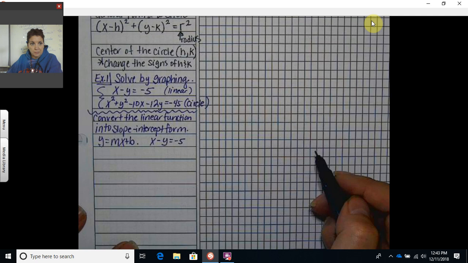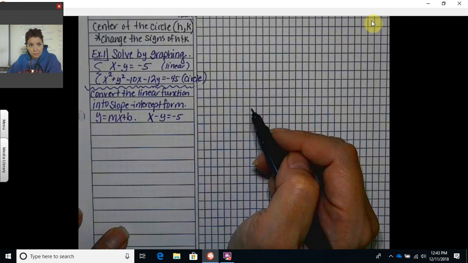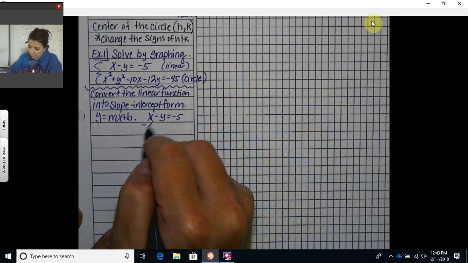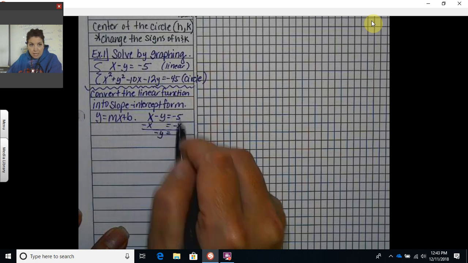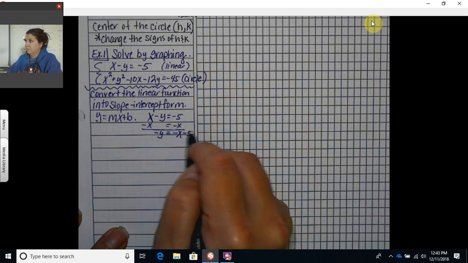What should I do first? Subtract x from both sides. So x minus x is 0. I'm left with negative y on the left side. And these are not like terms. Slope-intercept form would put the x first, so minus x minus 5. Is that slope-intercept form?